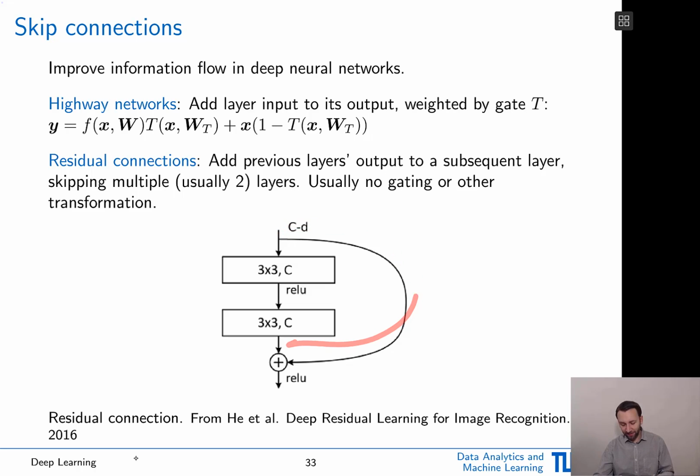That's the name. It's directly jumping to the next layer or to the layers later. So the input is, so to say, forwarded, takes a shortcut, and then it's also reused.